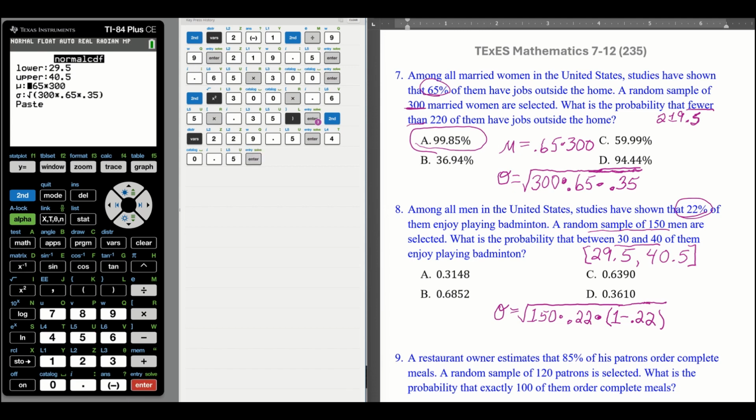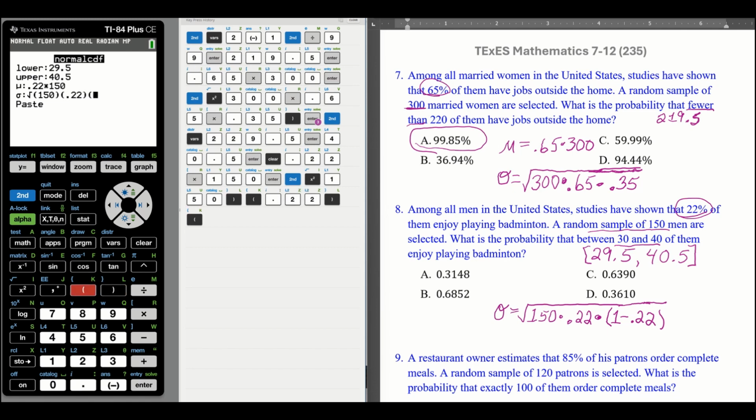And our mean, okay, we don't have a mean, so it has to be calculated. So let's clear this out. 0.22 times our sample size. Now that standard deviation is 150. But let's use parentheses to do our multiplication. 0.22, close open.